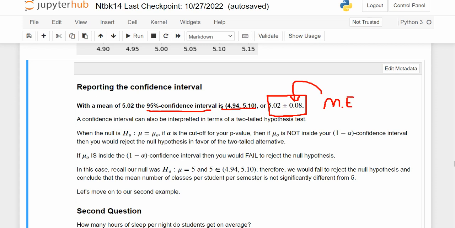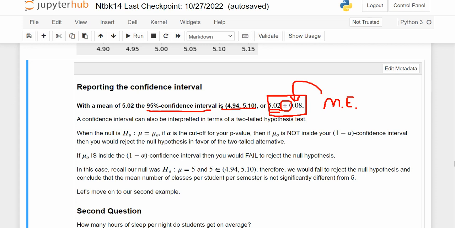And this is what you see in political polling. In just about a week, a little bit less, we're going to be voting in the 2022 midterm elections. And you see this all the time, that they estimate the percentage of people that are going to vote for a candidate. And if you read the fine print, they'll talk about this margin of error. Usually in political polling, they have about a 3% margin of error, plus or minus 3%.